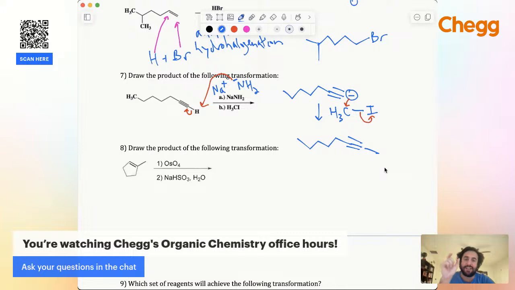This is a way of taking a terminal alkyne and tacking on more carbon content on the other side of it, turning it into an internal alkyne. And then you can remove pi bonds, you can do addition reactions, you can hydrogenate, you can do other stuff after that. It's just one thing that you can do as you're trying to build a larger molecule. So that's one reaction there. Let me see if I missed anything.